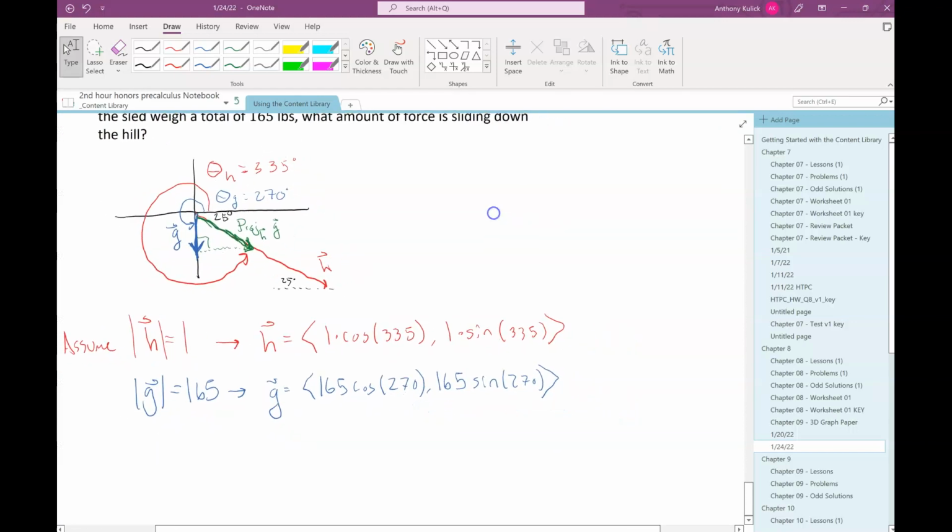Now, probably some of us could have looked at that and gone, Mr. Kulik, isn't vector g just going to be 0, negative 165? Yeah, sure. Absolutely. Since the arrow's pointing straight down and the magnitude is 165, like, duh.